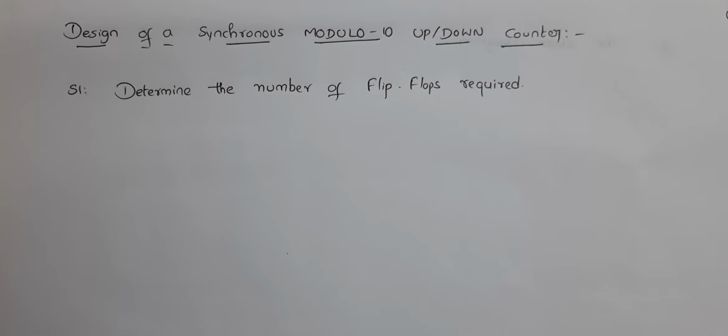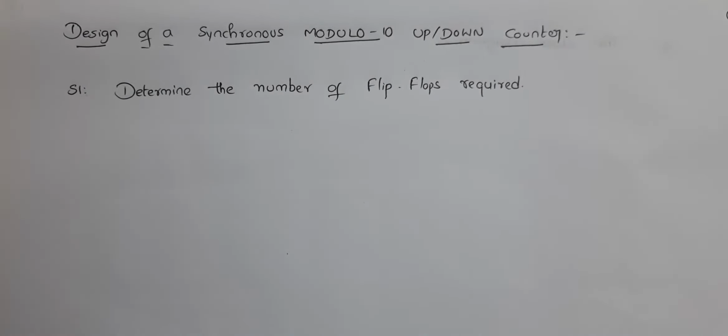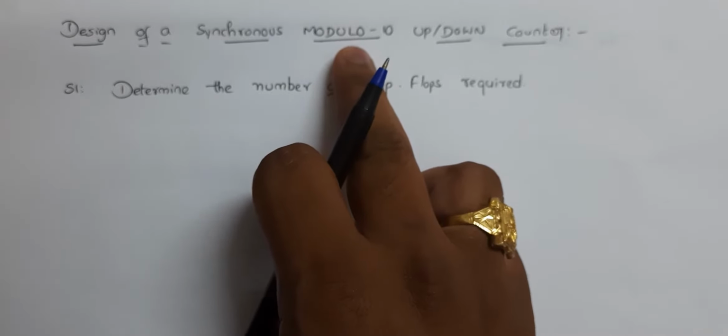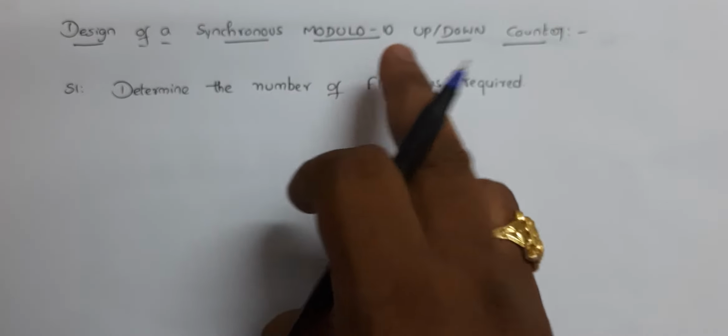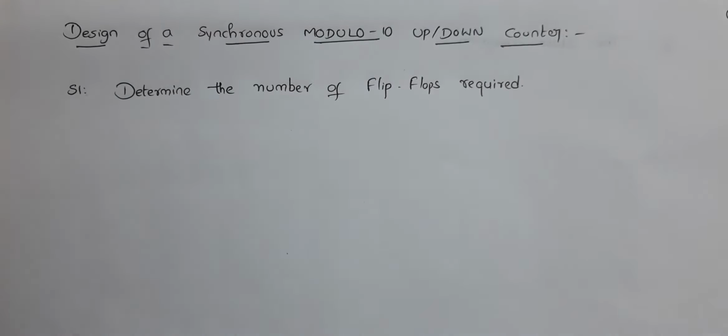That means a counter which can perform up counting as well as down counting sequences. That's why this counter is called an up down counter. Here we are mentioning modulo 10, that means this particular up down counter has the number of states as 10 only.